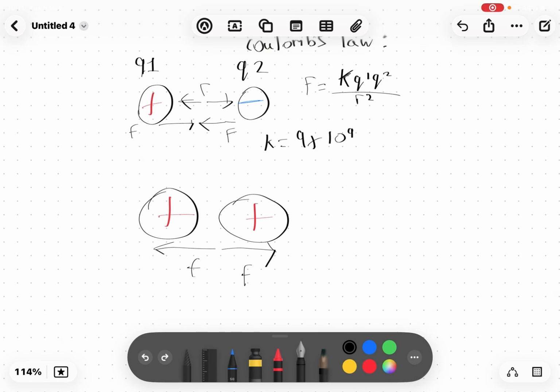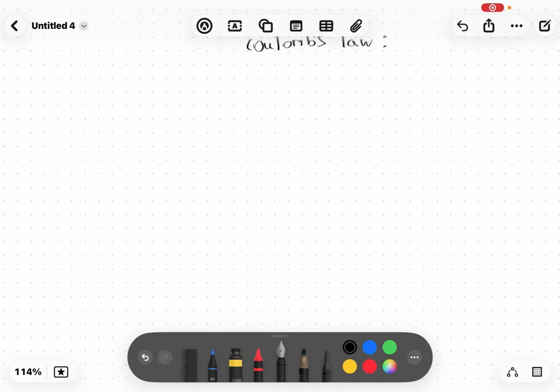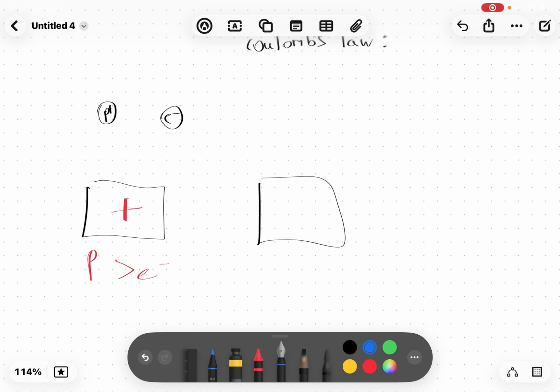So just remember, protons are positive and electrons are negative. Let's say you have an object and its net charge is positive. That means it has more protons than electrons. Same with the opposite. Let's say the net charge is negative. That means it has more electrons than protons.